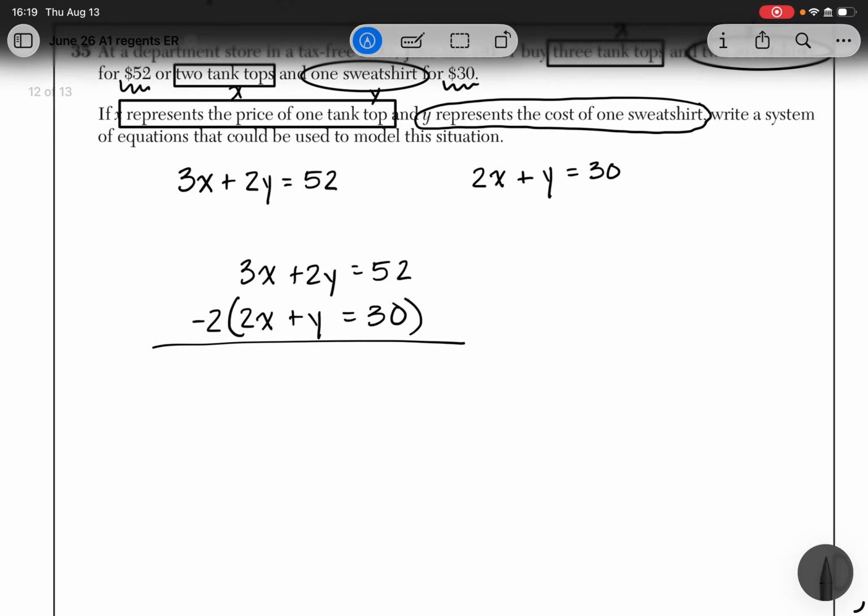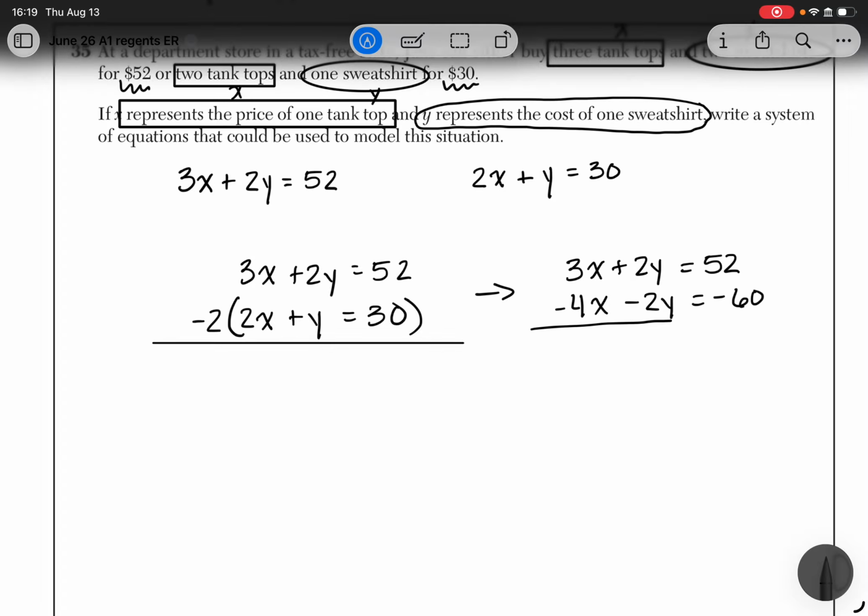So now we have our new equations as being 3X plus 2Y equals 52. So our original, and then our second, after we change it, would be negative 4X minus 2Y equals negative 60.